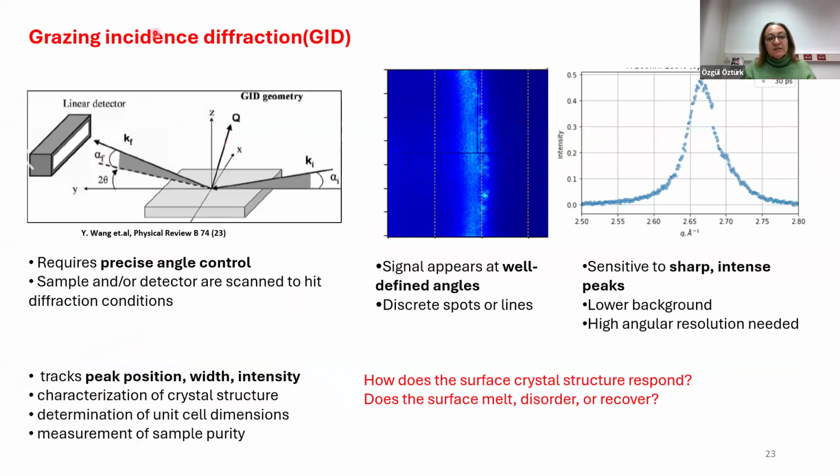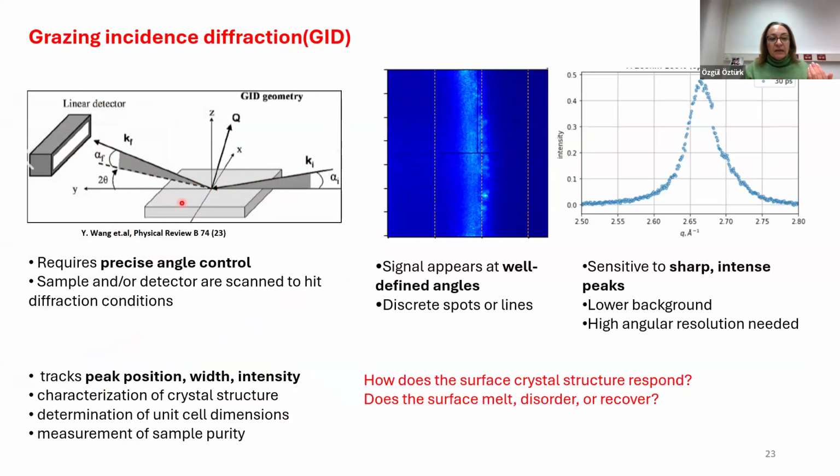And grazing incidence diffraction, GID, is a similar geometry, but this time you put your detector somewhere a little bit farther away, and you require precise angle control. Again, the X-ray is coming from the right, and it is scattered. Here you have your detector.